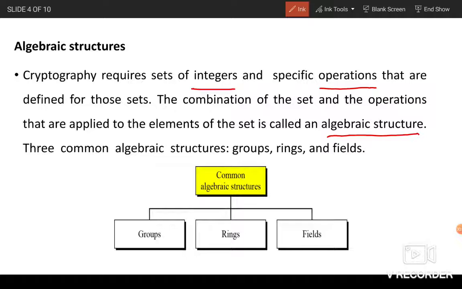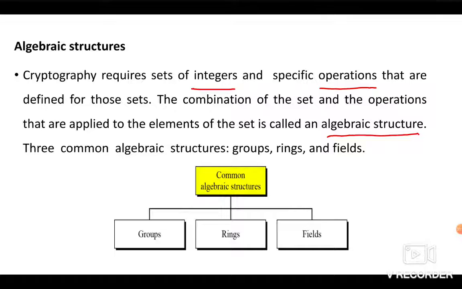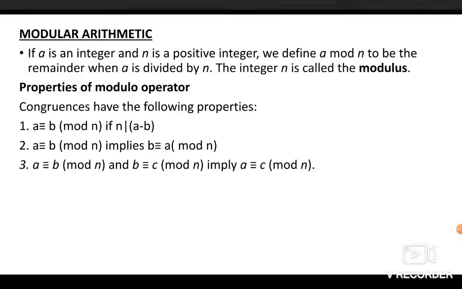What are the operations we are going to apply to the elements from the set? So it is known as the algebraic structure. Usually we have three common algebraic structures: groups, rings and fields.